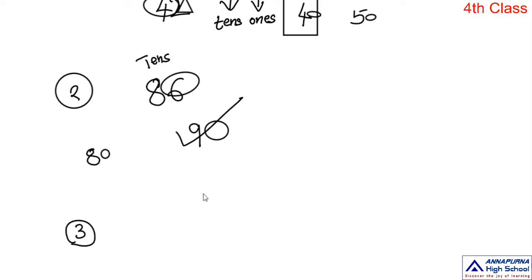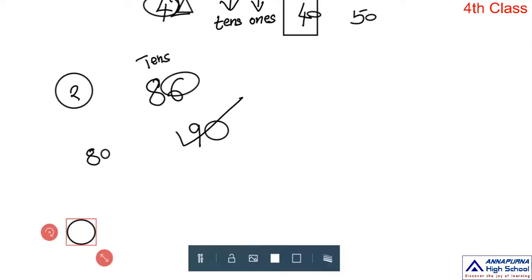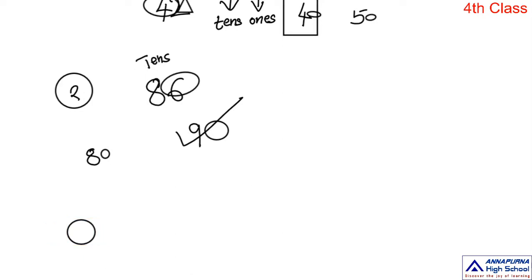Third example. Okay children, 46. What is that? We have to round it to the nearest tens.